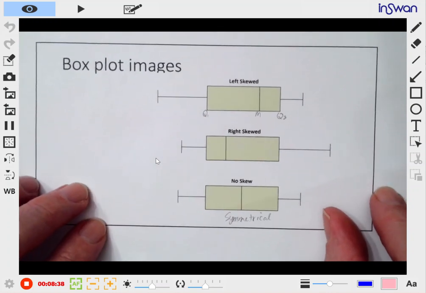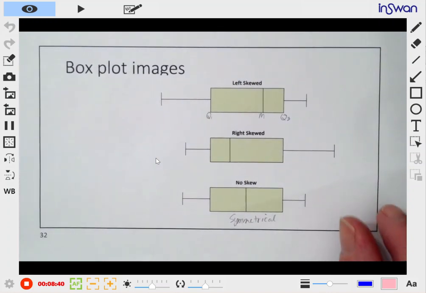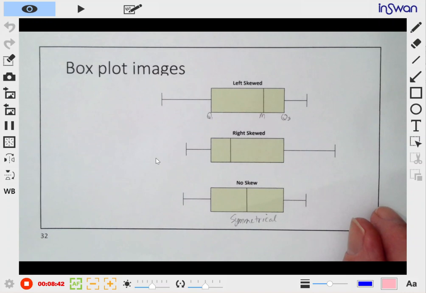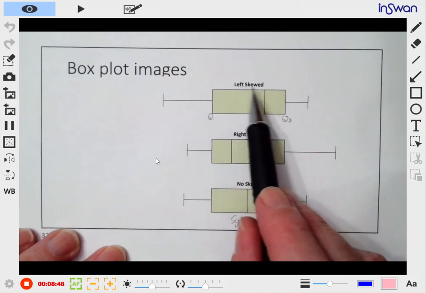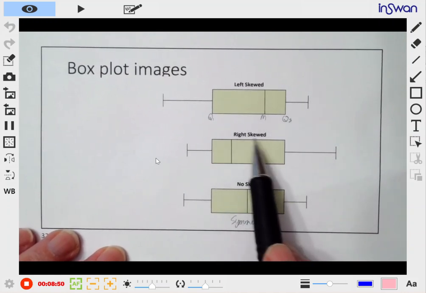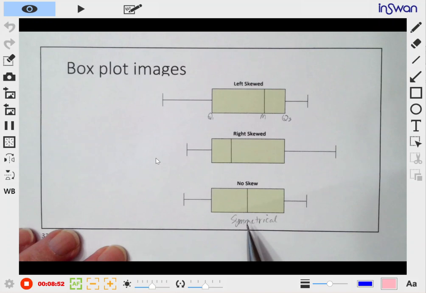I want to go back to something we looked at in section 3.4. Here are some box plot images where here the data is left skewed, here you have right skewed data, and here you're symmetrical, so it's not skewed either way. Generally speaking, with symmetrical data, we tend to use a bell-shaped curve.